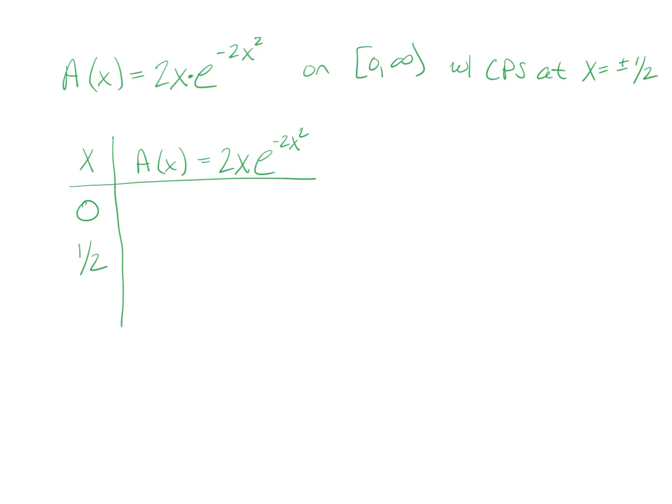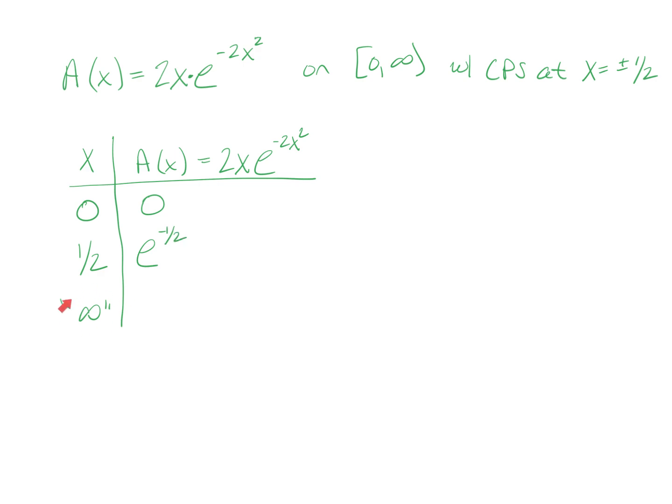And then the other endpoint of my domain is infinity. Okay, I can't plug infinity in, but I could take a limit as x goes to infinity. But let's see, if I put 0 in here, I get 0. And if I put a half in here, I get 2 times a half is 1. A half squared is a fourth times negative 2 is negative a half. So I get e to the negative 1/2.